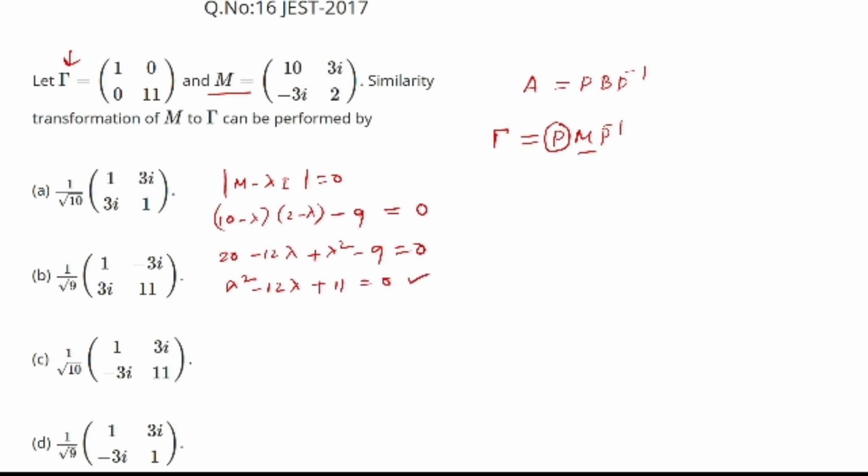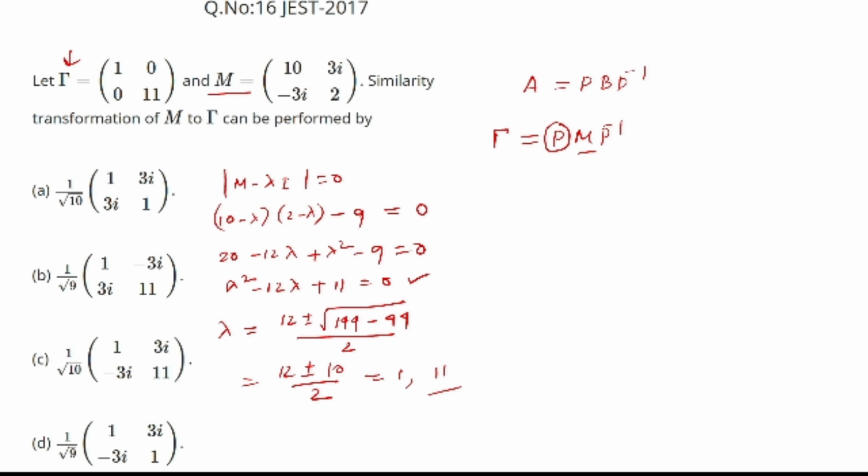We can find the eigenvalues here, lambda 1 and lambda 2. So lambda will be 12 plus minus root of 12 squared, 144, minus 4 times AC, which is 44, divided by 2. It gives 12 plus minus root 100, so 10, divided by 2, so the answers are 1 and 11.